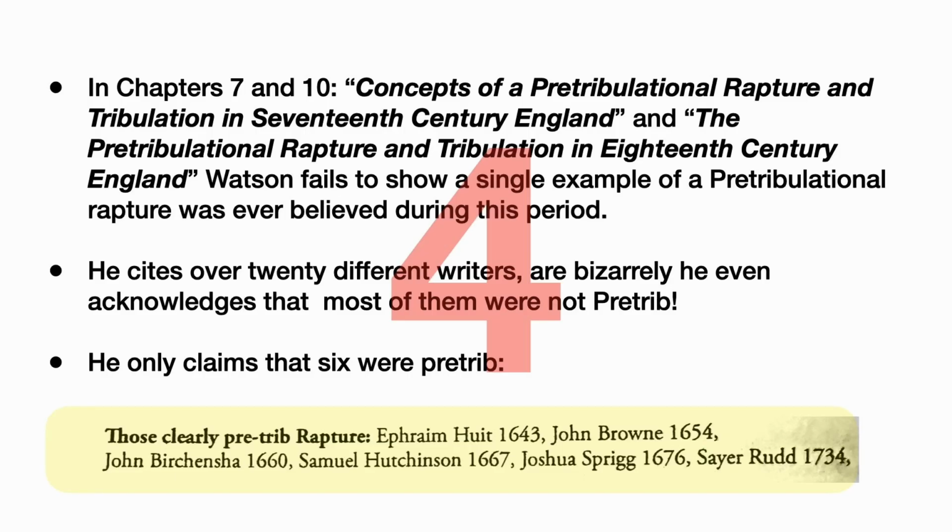Several times. Again, a careful analysis of what he had to write. He was not pre-trib. He was confused. Why would you want to claim someone as being on your team, as supporting your doctrine, who was so confused to believe that Jesus was going to make several descents, that he would return many times?